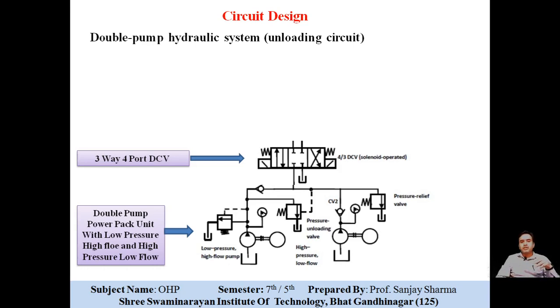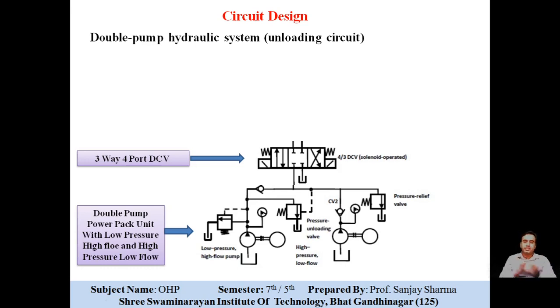So from a safety point of view, if you see, the pressure unloading valve is provided here, a pressure relief valve is provided. So these valves are provided because when the low pressure high flow pump is working and suddenly high pressure is required, this unit should be safe.